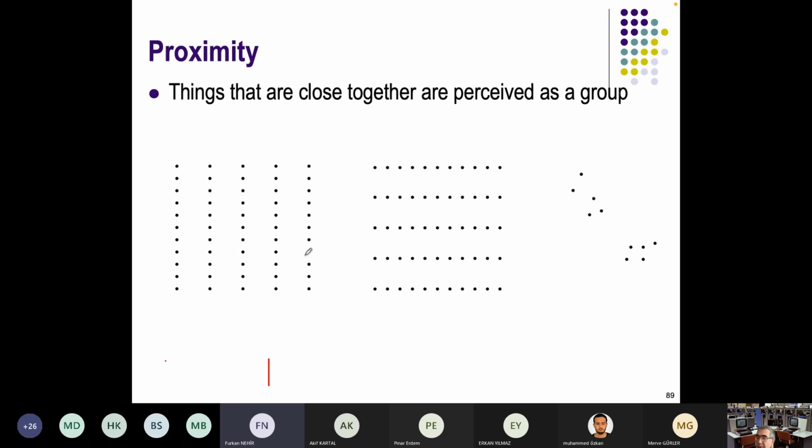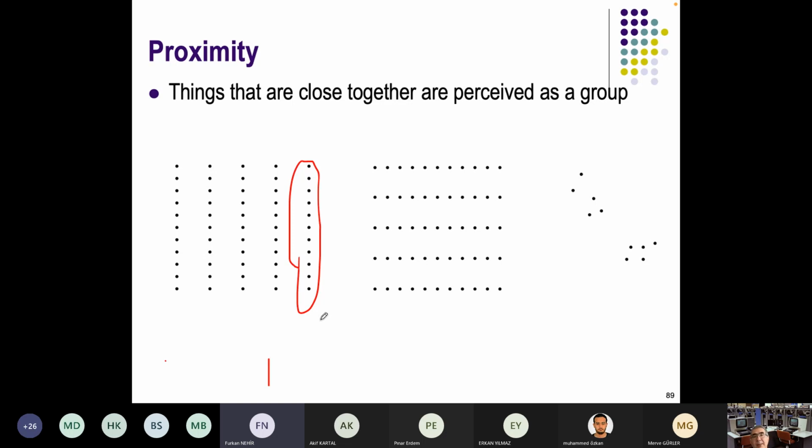And the ones that are closer are seen as lines, although you don't have lines. Do we have lines here? No, dots. But we perceive lines because of the proximity association. So our brain tries to complete things, tries to connect things, so that even the dots are perceived as lines because they are closer to each other.